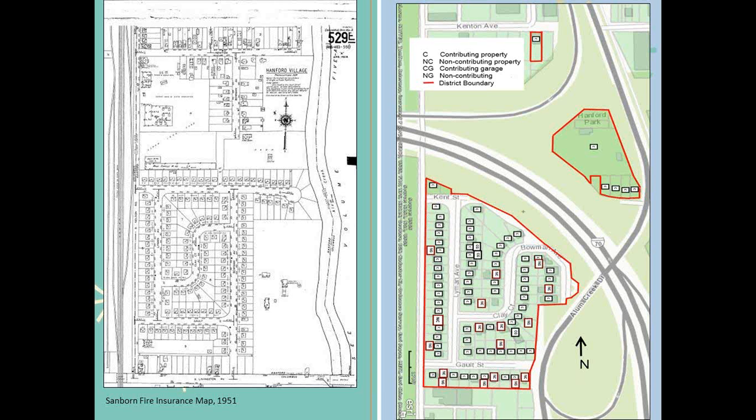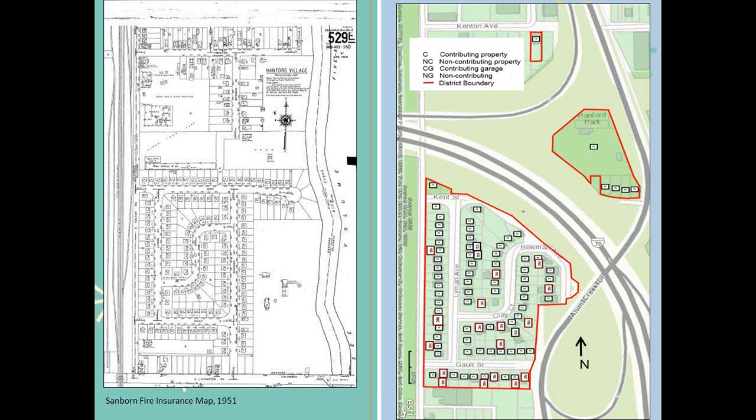On the left is the image of the original plan of the George Washington Carver edition. You see it is a picture book of those FHA subdivision practices. It has the cul-de-sac, the curvilinear streets, the uniform lot sizes, and limited access to the adjacent main transportation routes. And then over here, this was the district map for the National Register nomination.